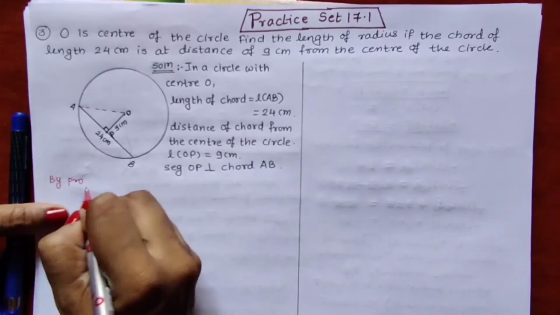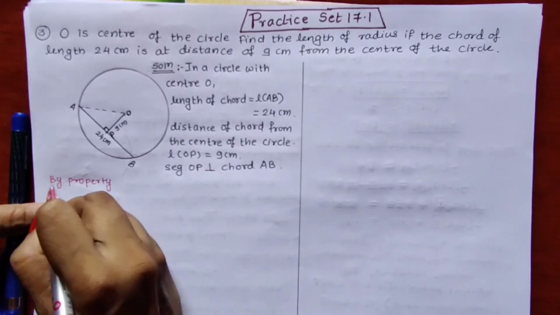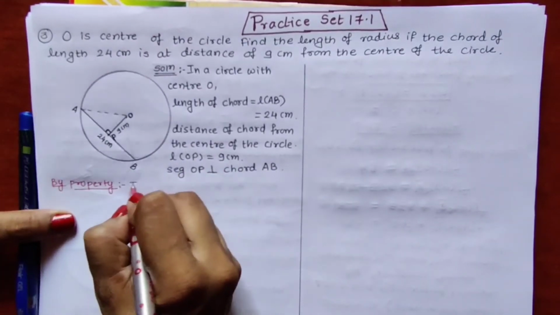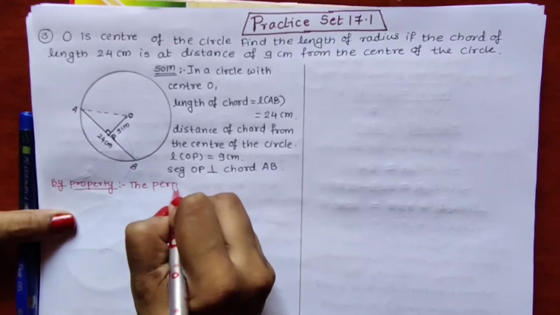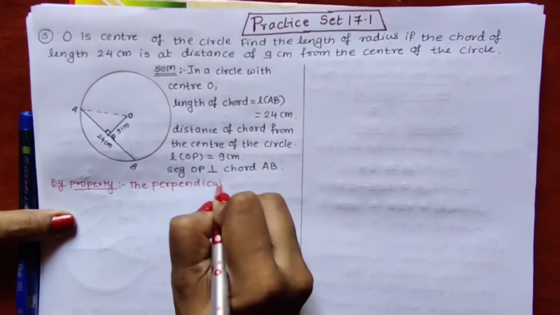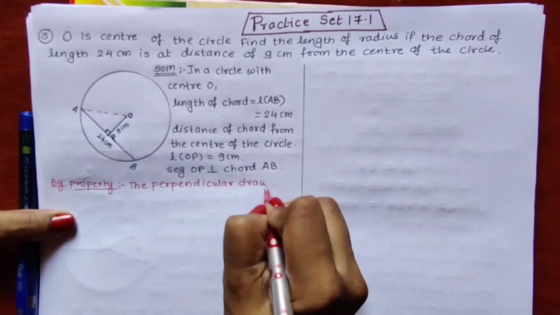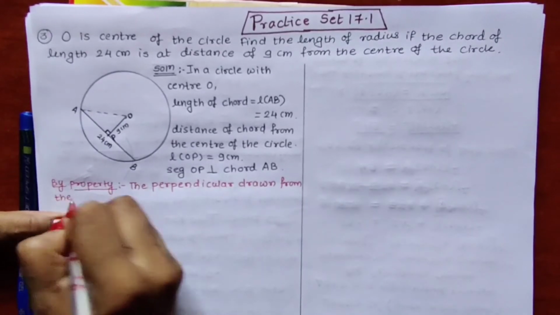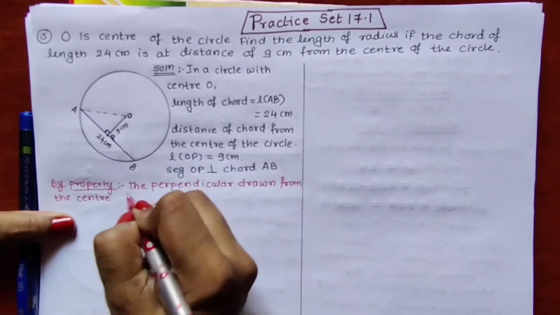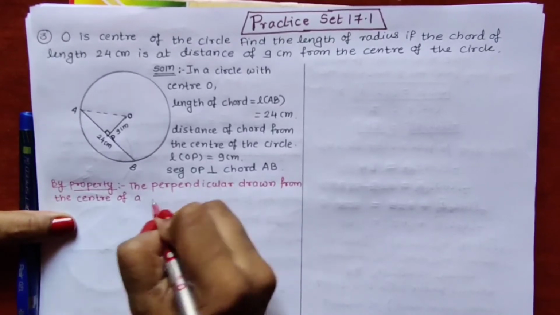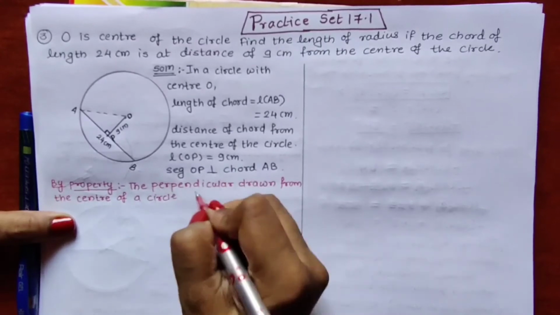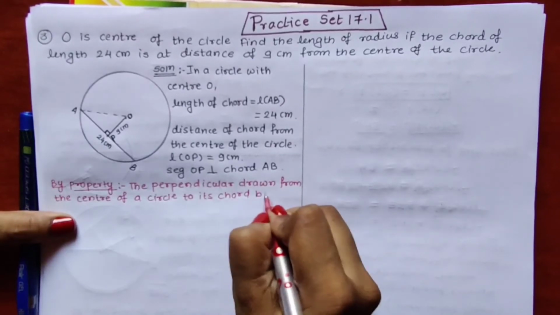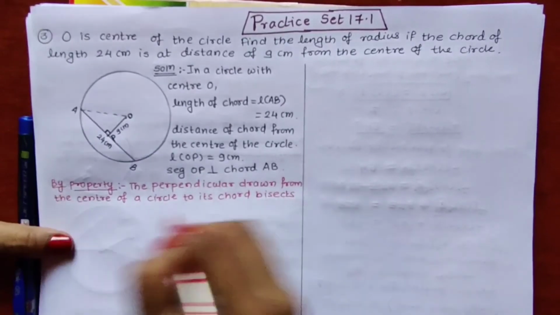By property, the perpendicular drawn from the center of a circle to its chord bisects the chord.